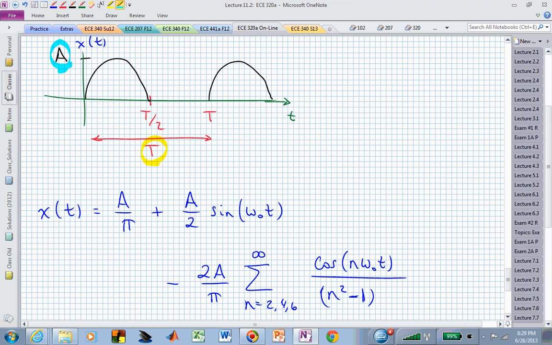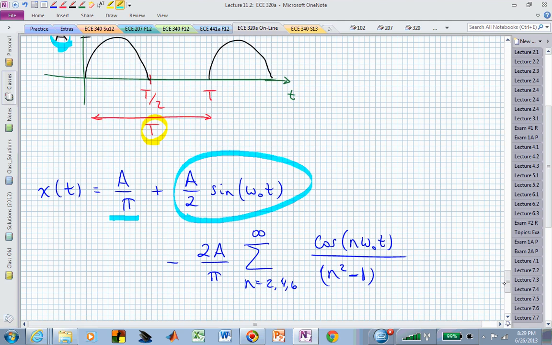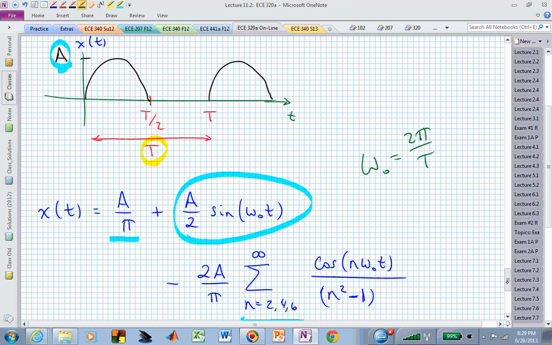We have the average value, A over pi, then we have one sine term at the fundamental, and the remaining terms are all cosine terms, and they are only true for the even harmonics, 2, 4, 6, etc. But once you have the period, you can now use that period T to find omega naught, and once you have omega naught, now you can build up this periodic waveform.